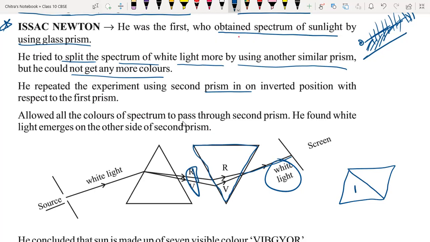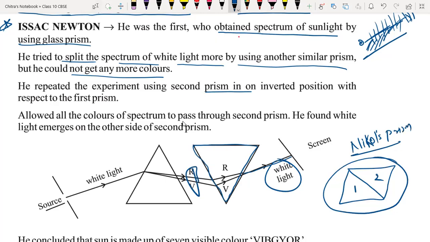this is prism 1 and prism 2, and the resulting prism is called the Nicol prism. What is a Nicol prism? When two normal prisms are joined base to base with the help of an adhesive called Canada balsam.